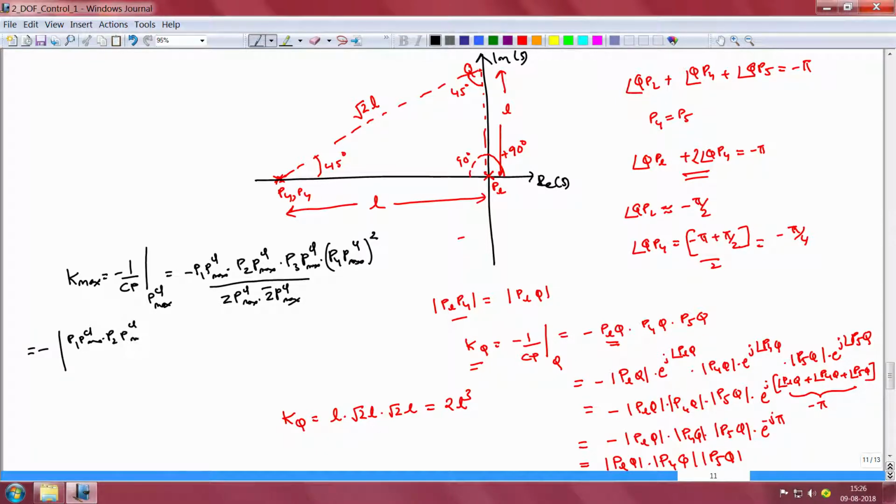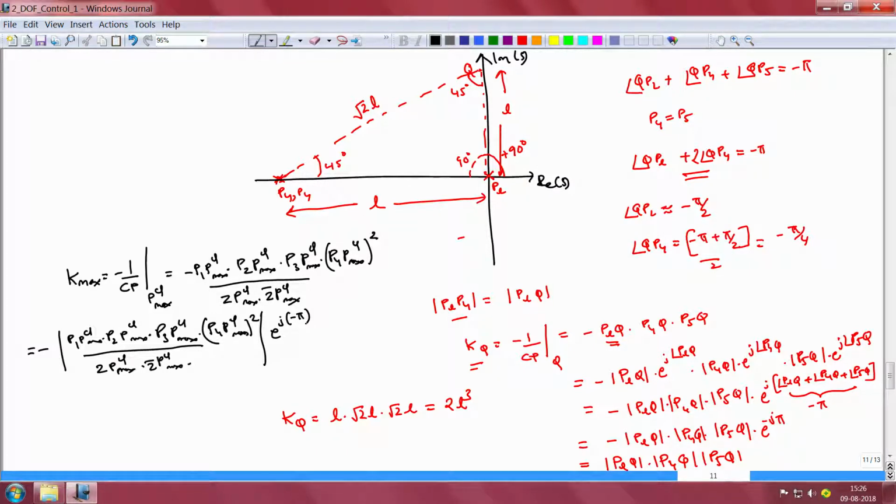max times P2 PCL max times P3 PCL max times P4 PCL max the square divided by Z PCL max times Z bar PCL max times e to the power j times the sum of all the phases, which as in the case of the point Q will end up adding up to minus pi radians.